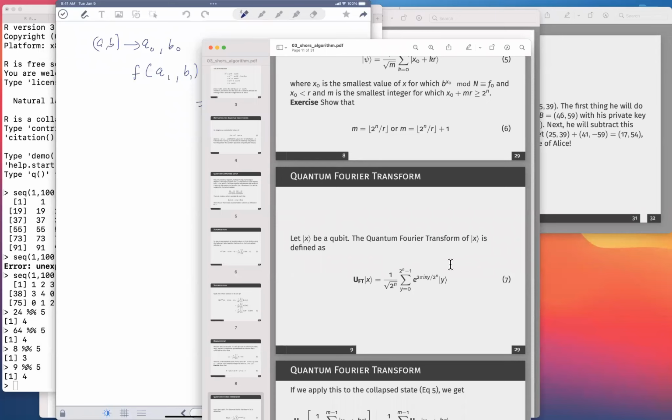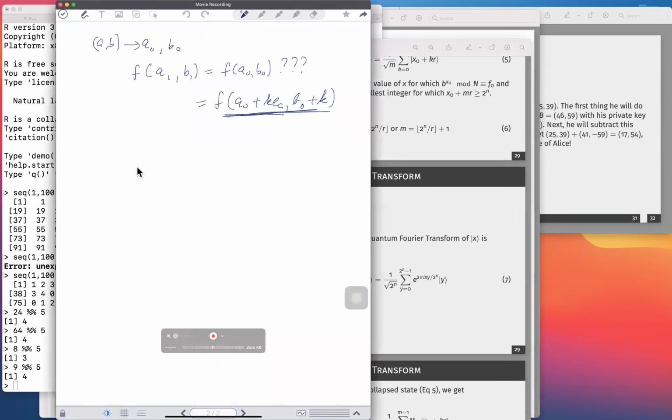So let me write that here. There's a delay in my computer. So let me write the Fourier transform definition.